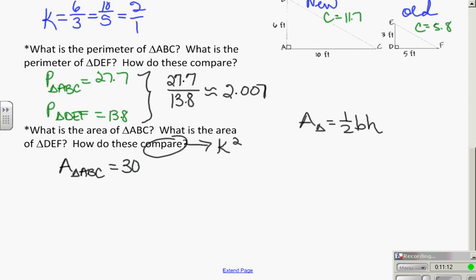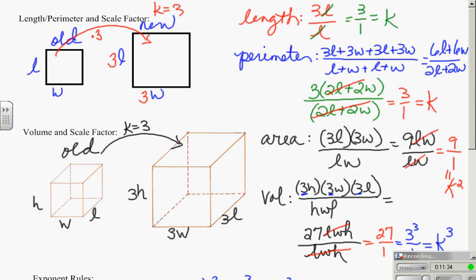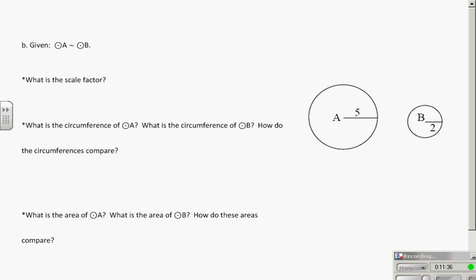So when I do this, the area of triangle ABC is going to end up being 30, and the area of triangle DEF is 7.5. So my ratio of their areas is 30 to 7.5, and when you do that division, you get 4, which is k squared.